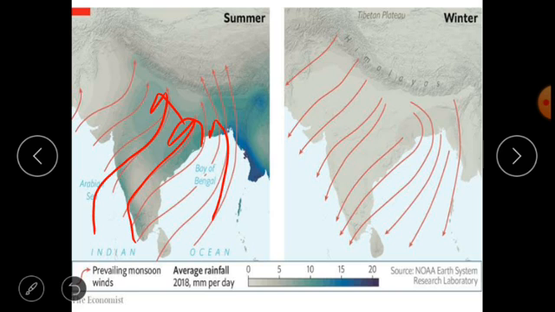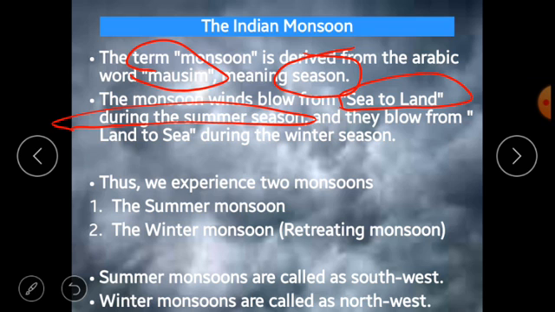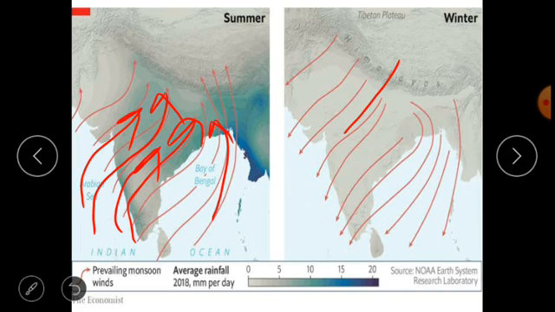This is the Bay of Bengal and the Arabian Sea, and the winds are moving towards the land. Then in winters the system is reversed and they start flowing from land towards the sea.